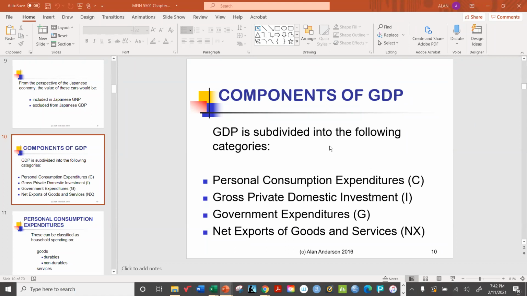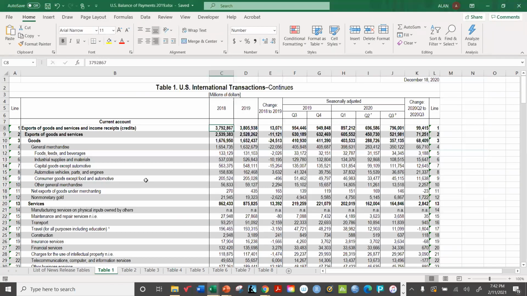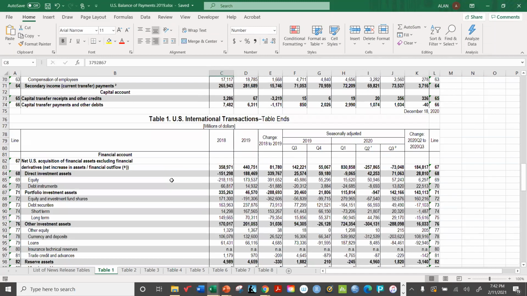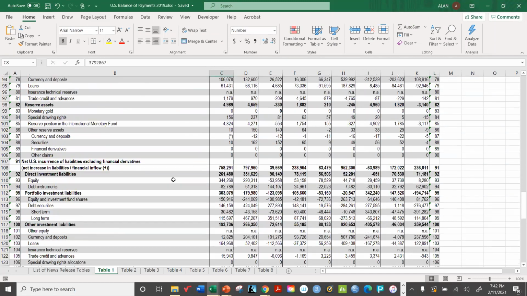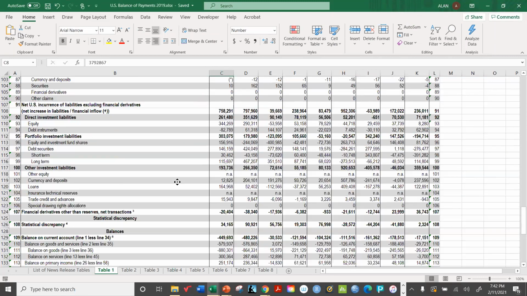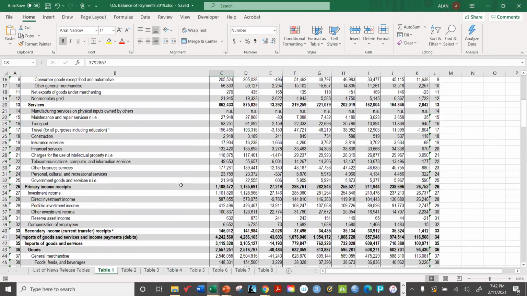And by the way, that's also being done here. If you look carefully, you'll see that we have all this in here somewhere, but it may not be laid out exactly the same way you're seeing here. Everything is in here somewhere, though.